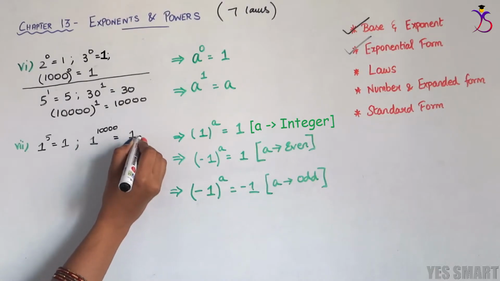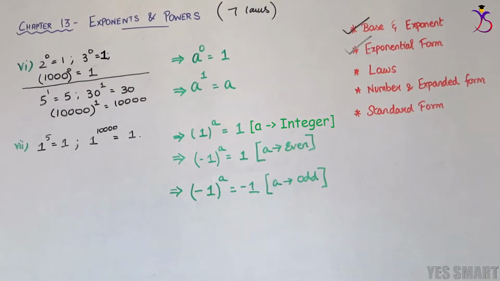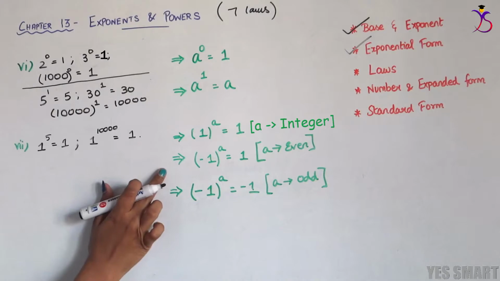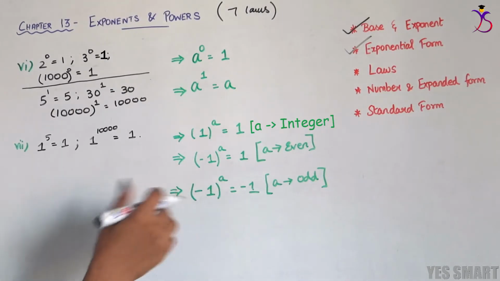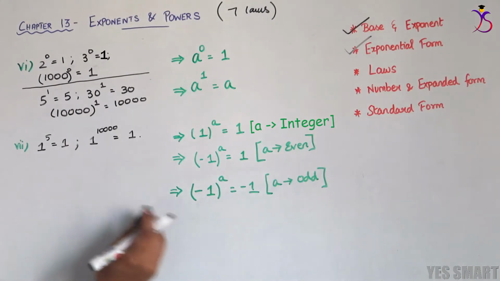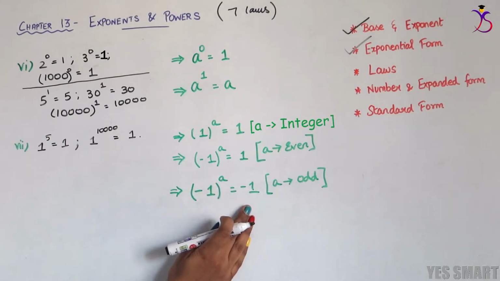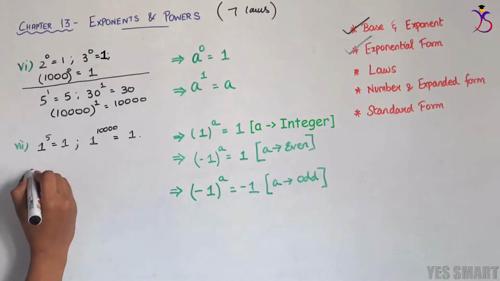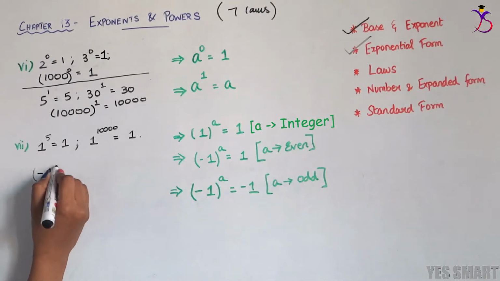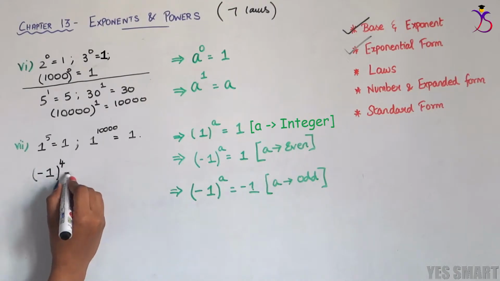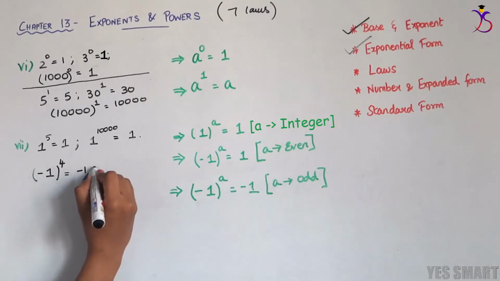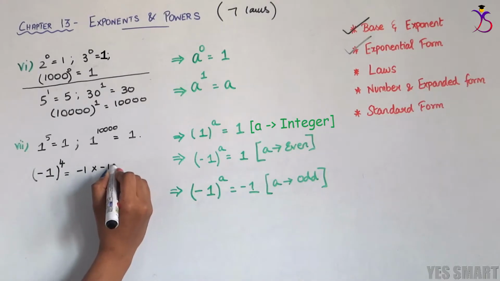Now minus 1 to the power a: if a is even, we will have the answer 1, but if a is odd, we will have the answer minus 1. We will compare it with an example. Minus 1 to the power 4. Here the power is an even number. If we expand this, we will have minus 1 into minus 1 into minus 1 into minus 1.